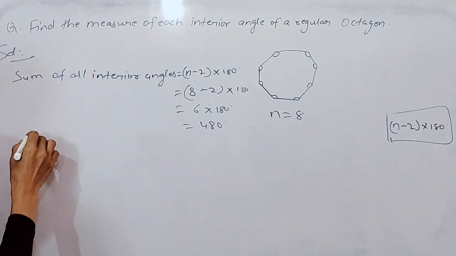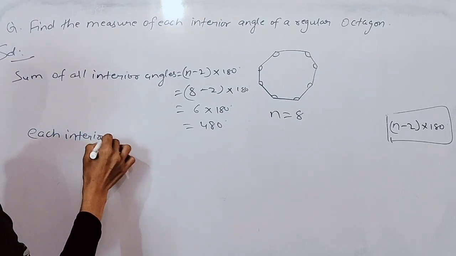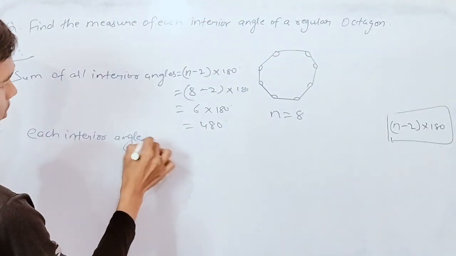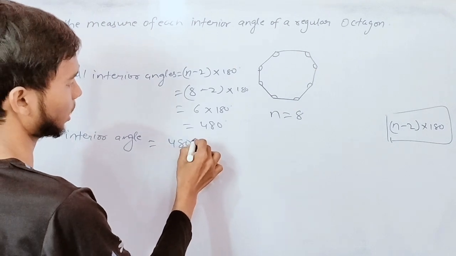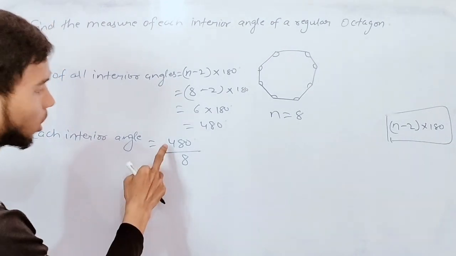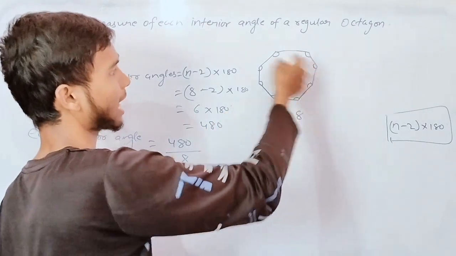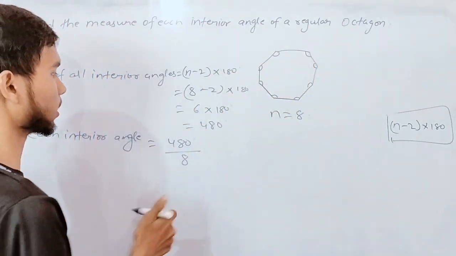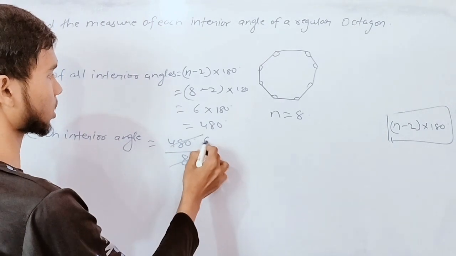Now, each interior angle of this would be how much? 1080 upon 8. So each is 135.